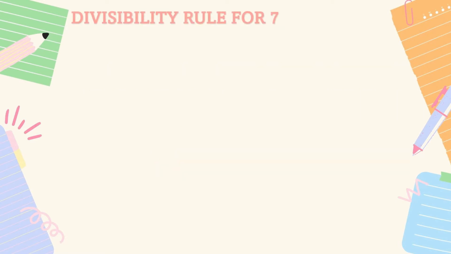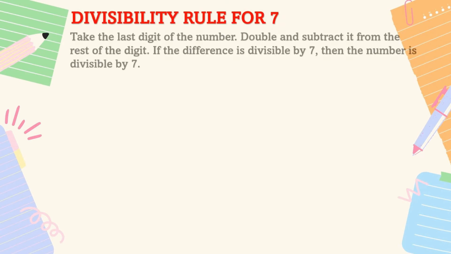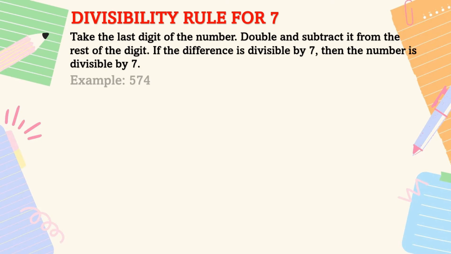Our next rule is the divisibility rule for 7. Now, all we have to do is to take the last digit of the number. Then, double it and subtract it from the rest of the digits. If the difference is divisible by 7, then the number is divisible by 7. For example, 574.